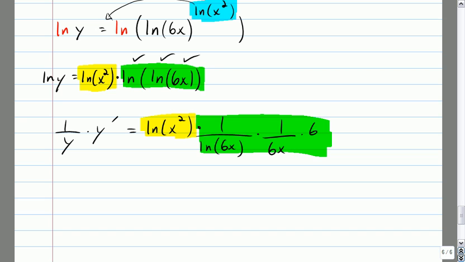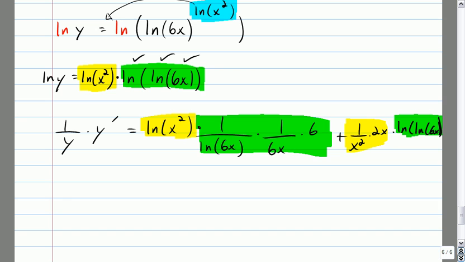Now I go plus the derivative of the yellow times the green. Here's my green, natural log of the natural log of 6x, and here is my derivative of the yellow.